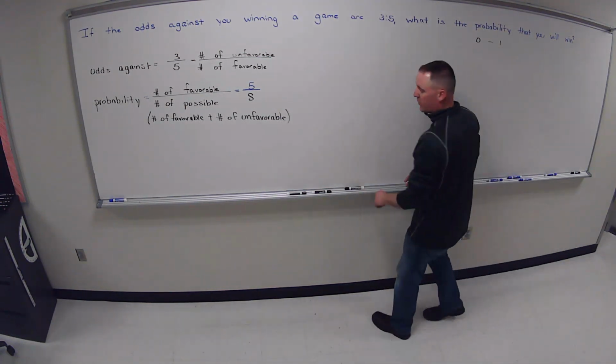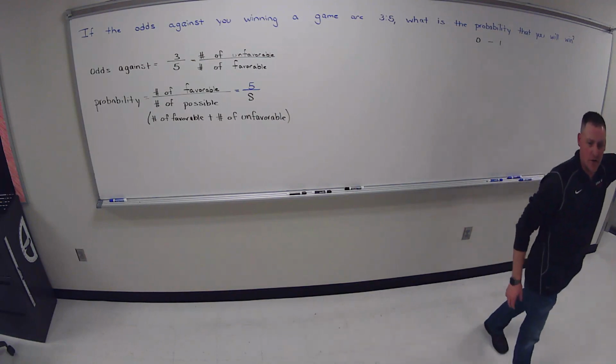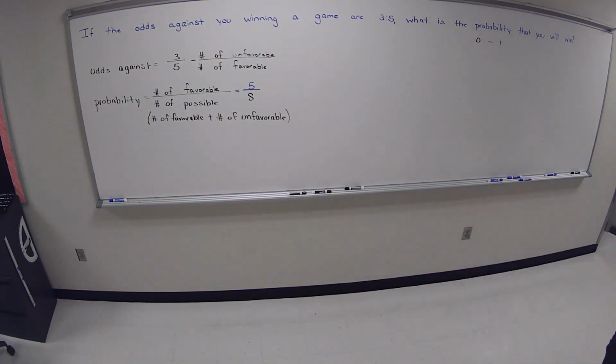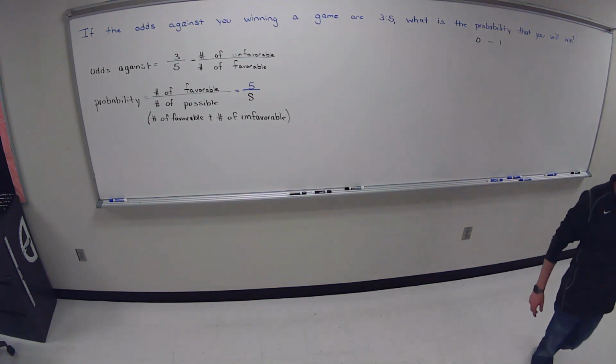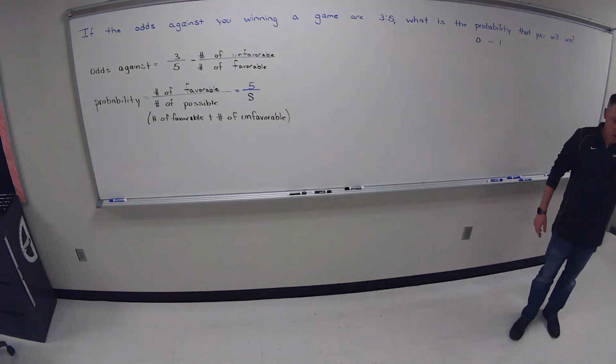So when we first did it, I think it was last Thursday, we did probability. And then on Tuesday, we did odds. And I told you that by Friday, which is tomorrow, we need to be able to put these all together, because you're going to see these all on one big assessment. They're connected to one another. Here's what I would tell you. I should give you one of those three things: probability, odds in favor, or odds against. If I give you any one of those three, you should be able to find the other two.